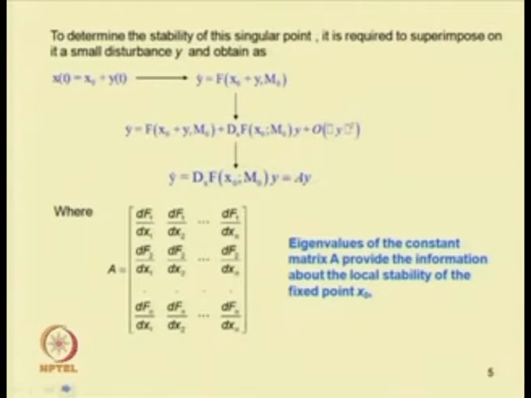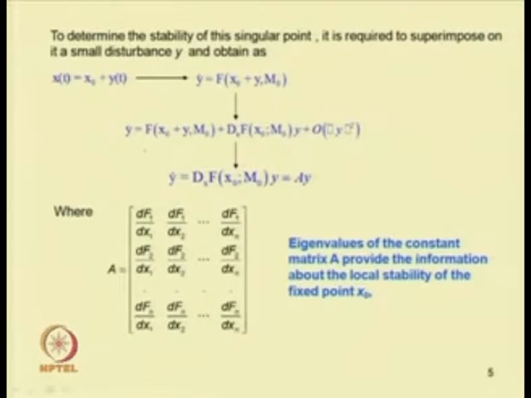To know whether the equilibrium points are stable or unstable, we perturb the governing equation and check whether the equilibrium point is stable. By perturbing we obtain the Jacobian matrix, and by finding the eigenvalues of the Jacobian matrix we can find whether the equilibrium point is stable or not.